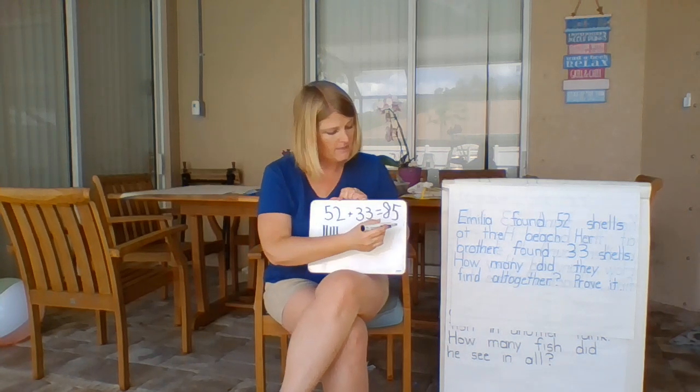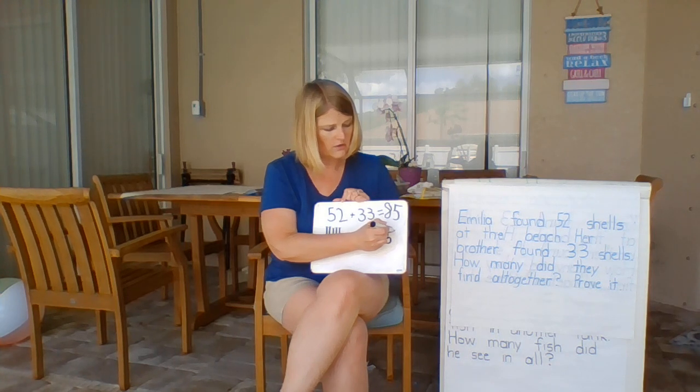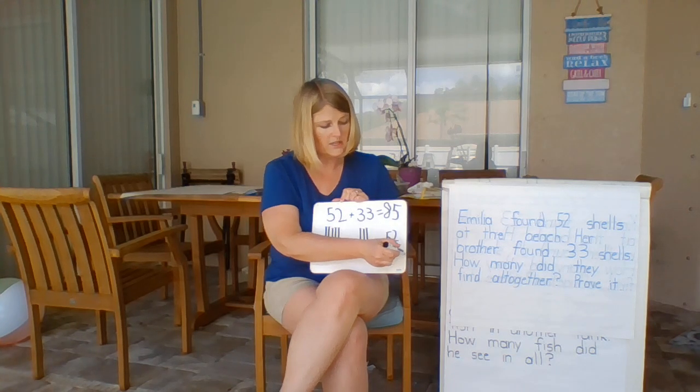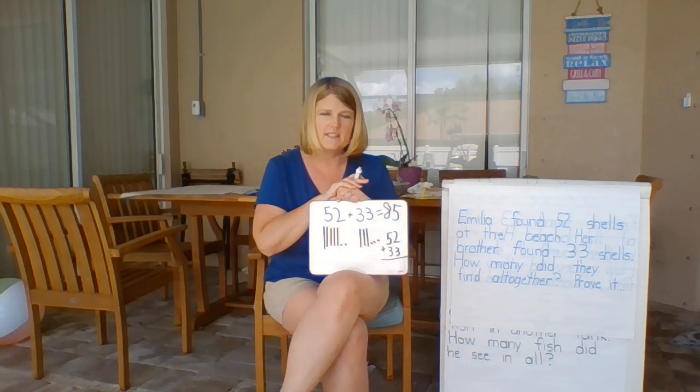Now I had a friend submit this. He said, I want to do the up and down, the vertical equation, and I want to show 52 plus 33. We know when we do it that way, that line across the bottom is like our equal sign.